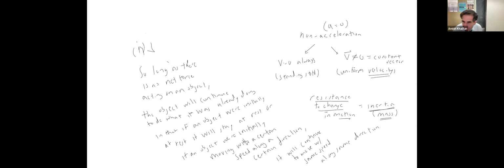The prefix inert means motionless, sluggish, okay? So that's why this first law is called the law of inertia, okay? The more inertia something has, the better able it is to retain its current state of motion. If not moving, to stay not moving. If moving with a certain speed along a certain direction, to stay with that motion. Okay.